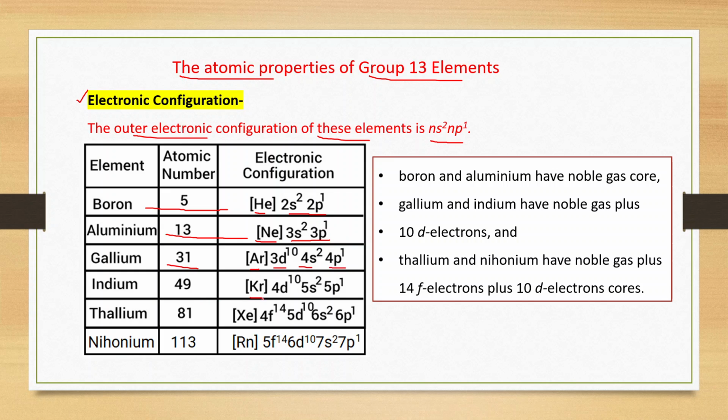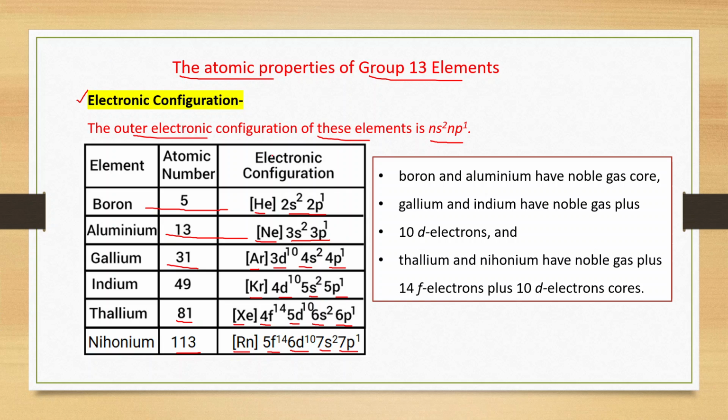Indium: krypton 4d10 5s2 5p1. Thallium, atomic number 81: xenon 4f14 5d10 6s2 6p1. And nihonium 113: radon 5f14 6d10 7s2 7p1.